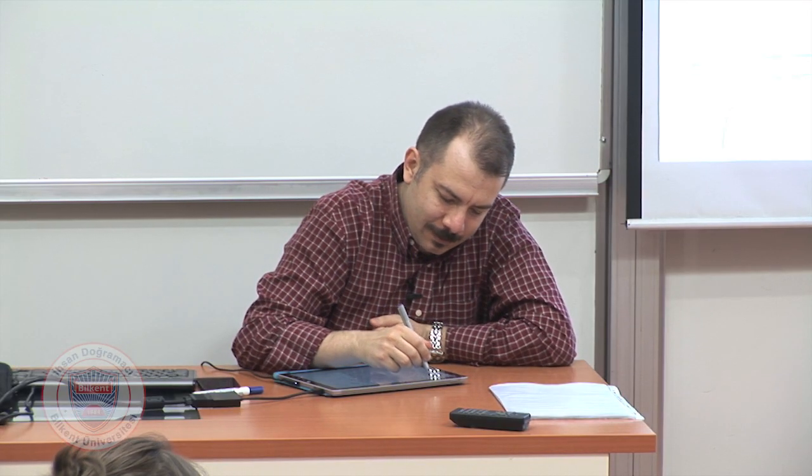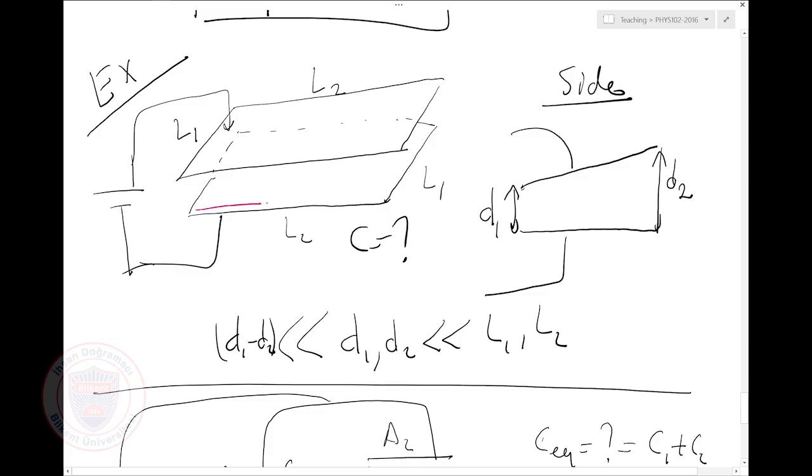Now I'm saying we don't have to make big calculations. We should think of the system as infinitely many parallel plate capacitors in parallel. So let's take a distance x from here. This is going to be my lower plate, and correspondingly I will have an upper plate.